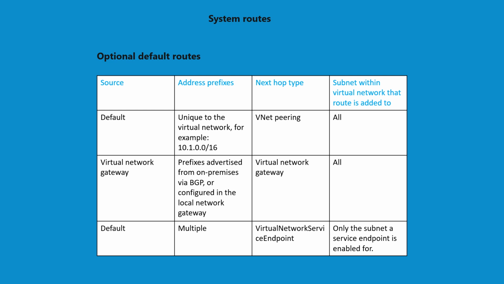Service endpoints are enabled for individual subnets within the virtual network, so a route is only added to the route table of the subnet a service endpoint is enabled for. The public IP addresses of Azure services change periodically. Azure manages the addresses in the route table automatically when the addresses change.